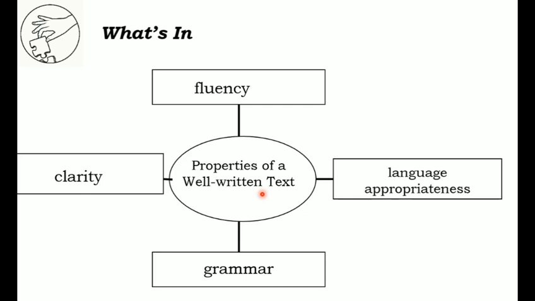And next one is clarity. In a written or spoken text, the thoughts and ideas should be clear. That means it can be understood clearly by the reader or by the audience.